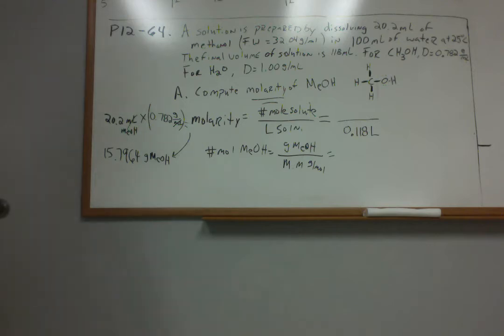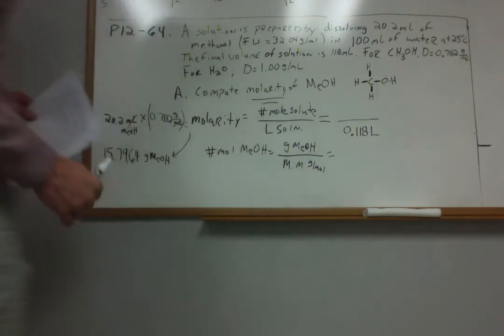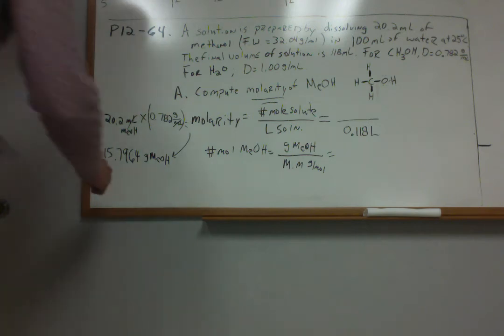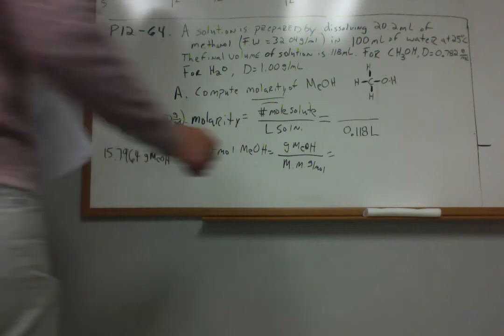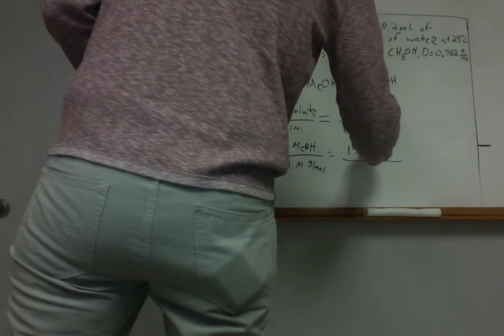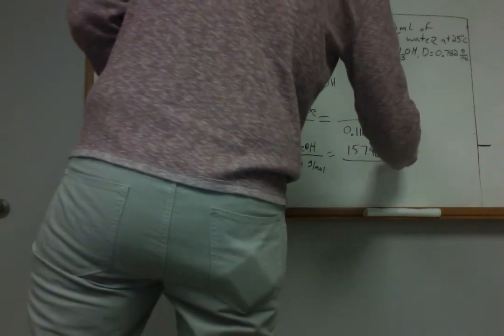Okay, so this is grams methanol, but if I'm going to compute molarity, I need to know the moles of my methanol. So how many moles of methanol do I have? Got to do a little bit more work, okay? But this is not too terribly difficult. I've actually already started over here, right? I plug in how many grams I've got.